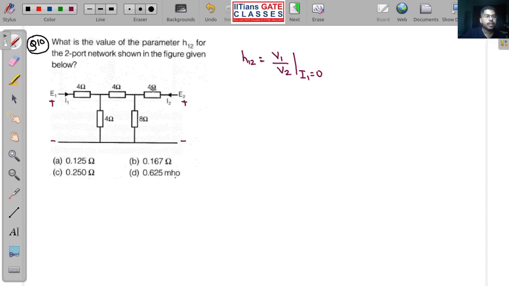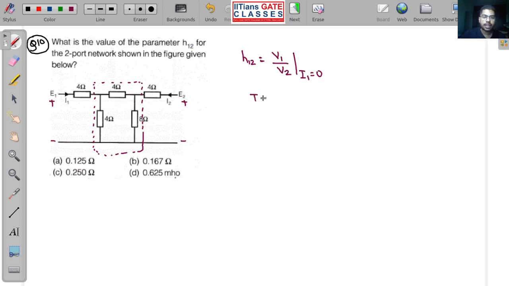So simply what I can do, the trick here is, if somehow I convert this pi network to a T network, then the resultant whole network will be a T network.